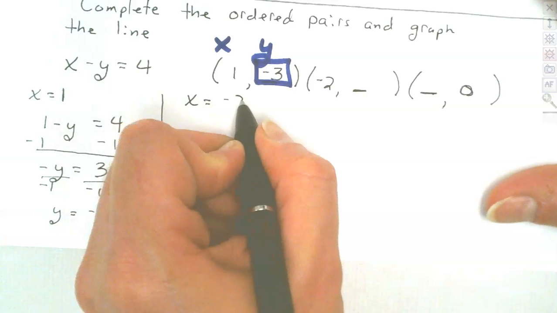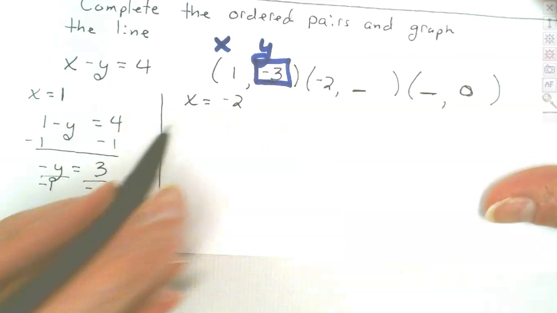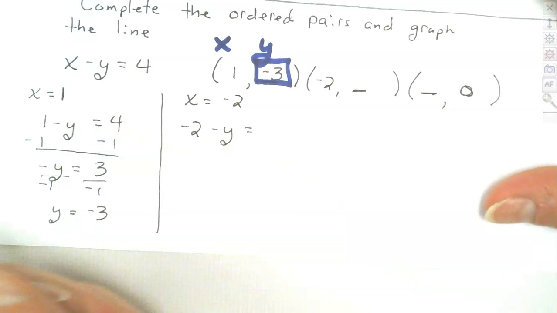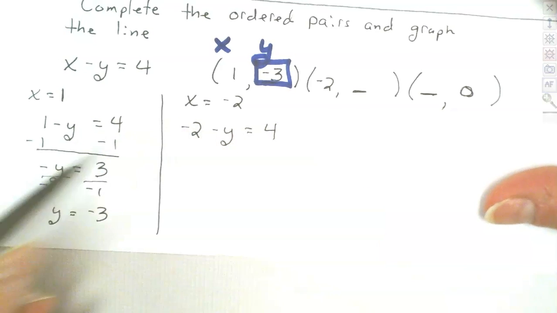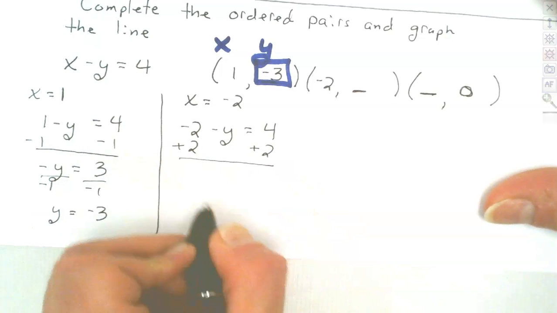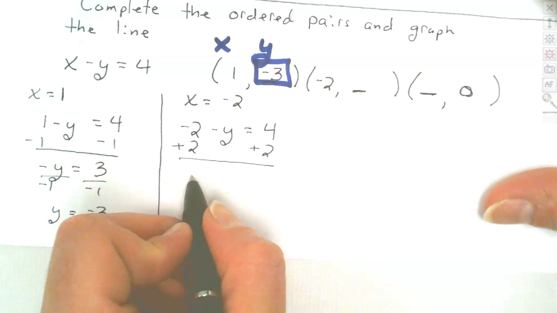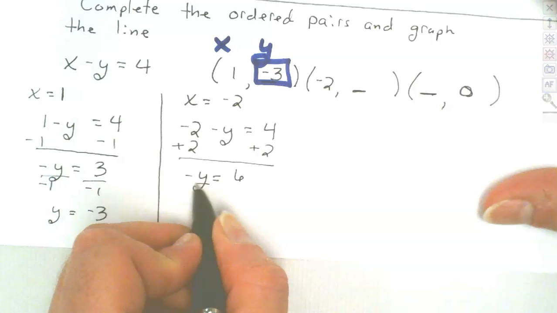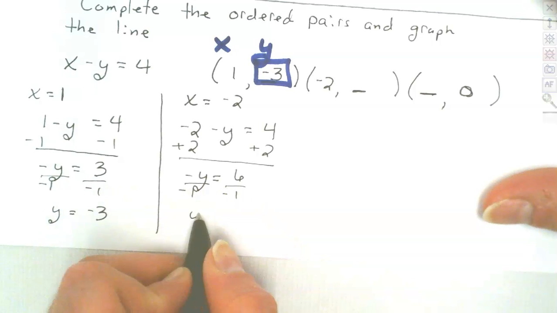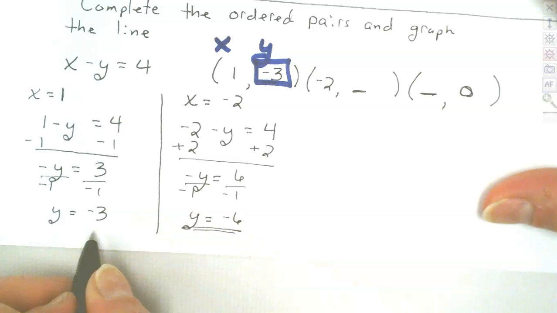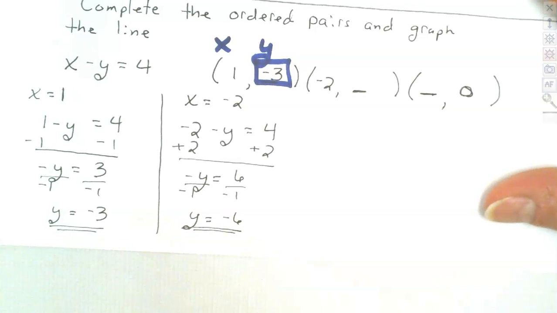X equals a negative 2. And that's going to be minus 2 minus y equals 4. We're going to add 2 to both sides. So that gives you minus y equals 6. We'll divide by our negative 1. And that leaves you then with y equals a negative 6.